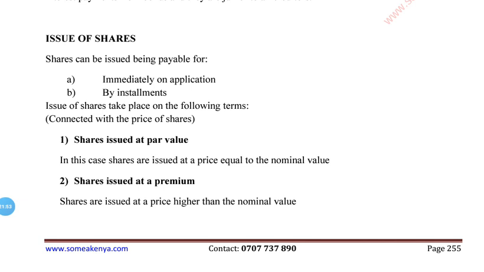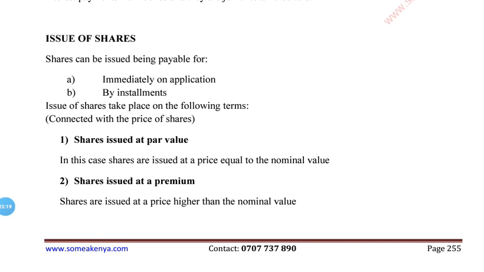Then after you apply, the company will allocate shares to you. So that is what we call allotment. On allotment you pay maybe 3 bob. Then later the company will be calling you to pay other installments.